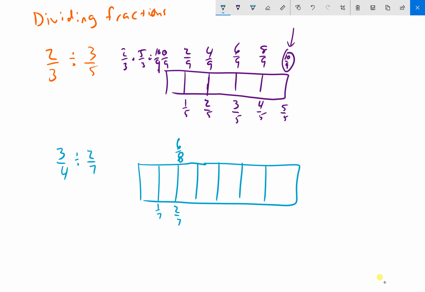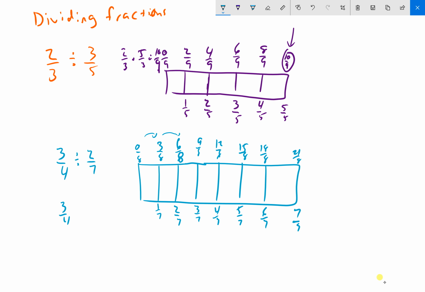So here I have only 2 spots. So this would have to be 3/8. And you can see, because this would be 0/8, so 3/8, 6/8. Now, here's 3/7, 4/7, 5/7, 6/7, and 7/7. I'm increasing by 3/8 each time, so this would be 9/8, 12/8, 15/8, 18/8, and then 21/8.